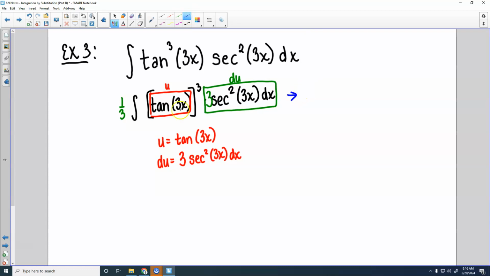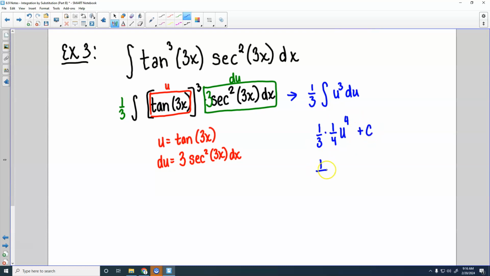All right, so let's convert this to u's. We got 1/3 integral u to the third power du. I'm going to integrate that u to the third, so I'll do u to the fourth. I got to divide out front by that fourth, and that 1/3 is still out there as well. And what else do I need? Plus c.